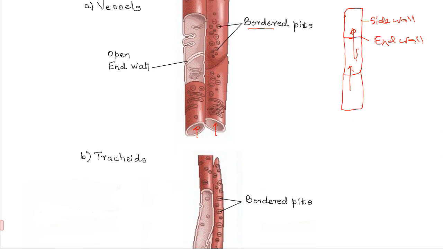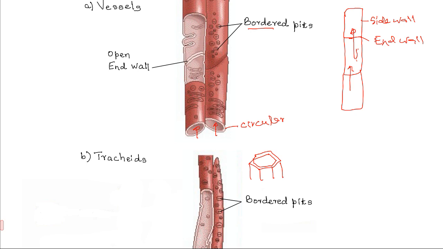The first of them is that whereas the vessel is circular in cross-section, the tracheids would usually be 5 or 6-sided in cross-section to have an angular cross-section.